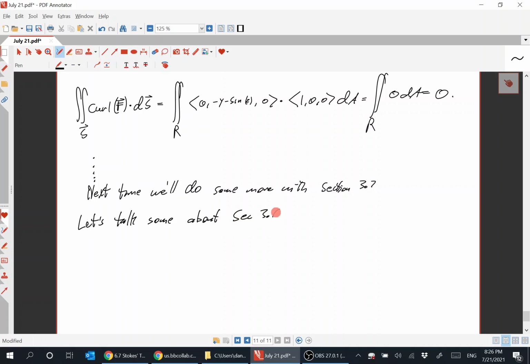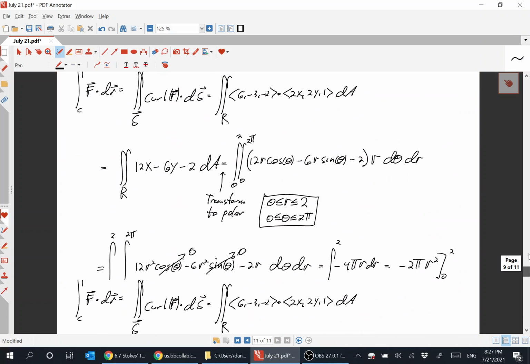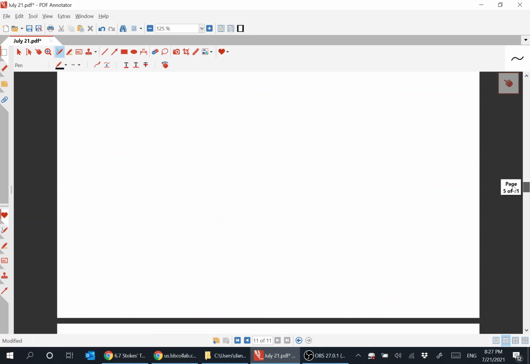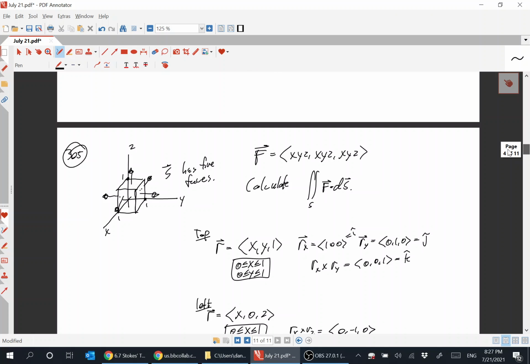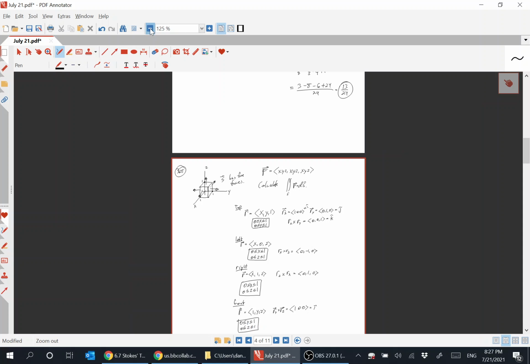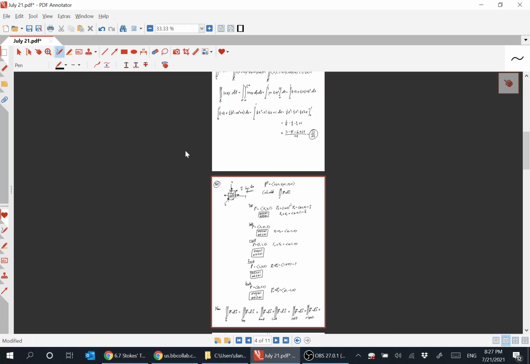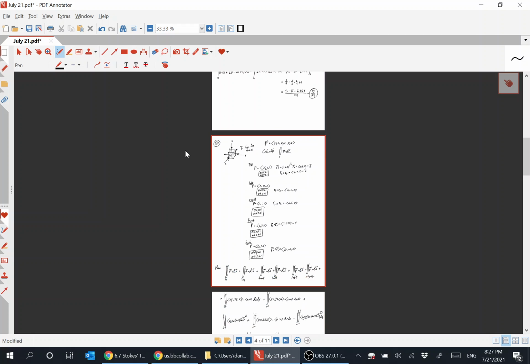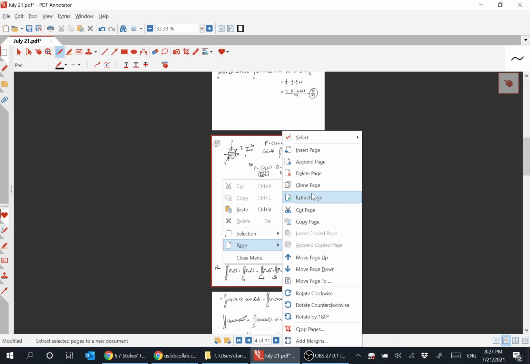So let's go back to what was that last problem we did, the one with that cube there. Oops. So that was 305. So copy page.